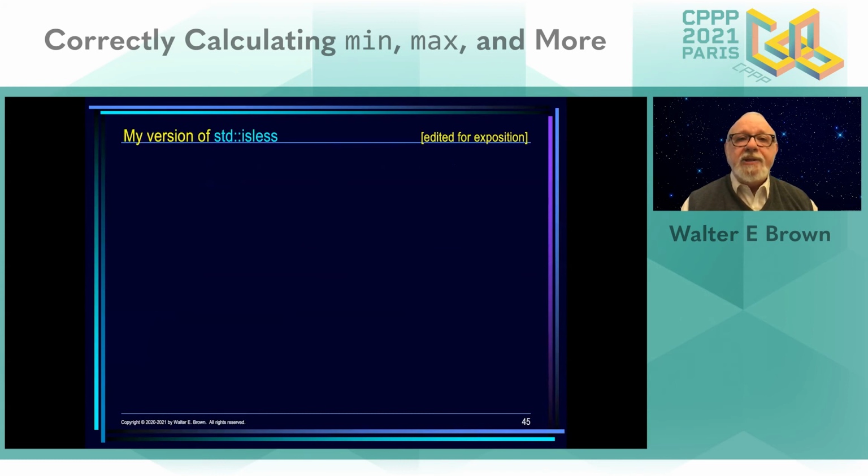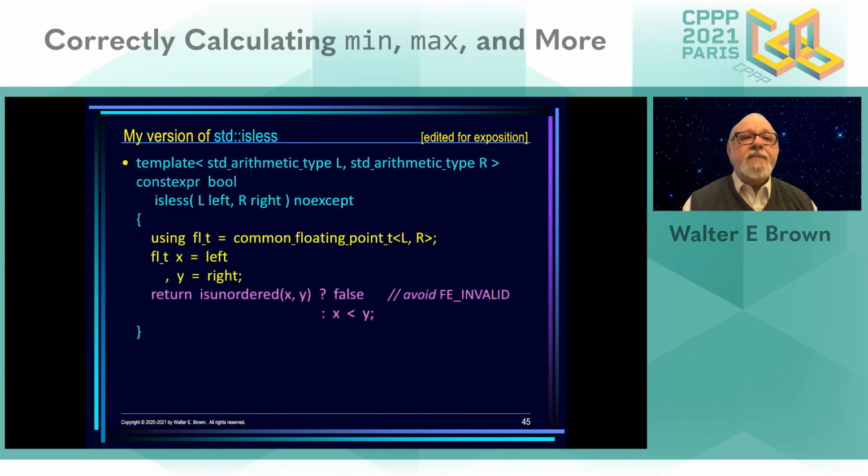For is less, my version looks approximately like this. I have values of standard arithmetic types. It is specified to do floating point comparison. So first, I find a common floating point type.